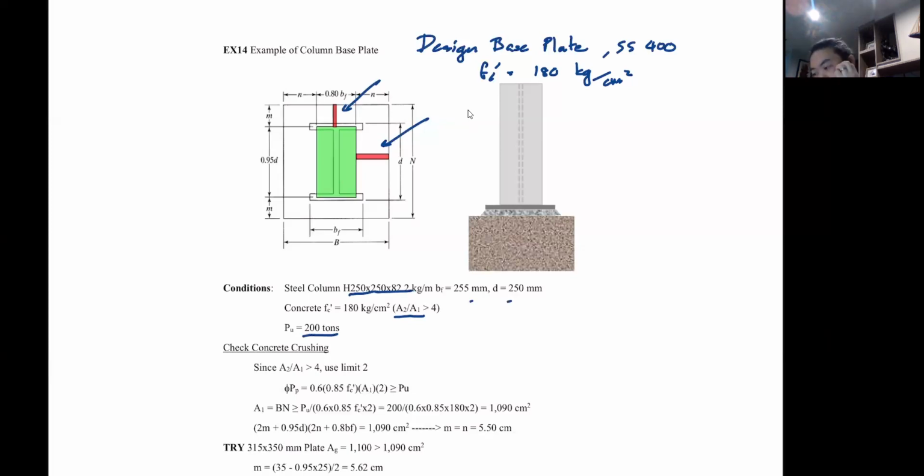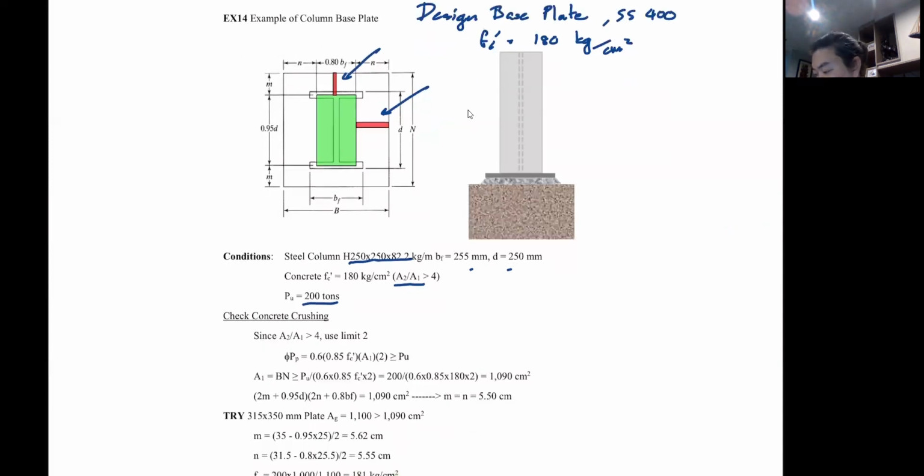So now we are going to check the concrete crushing to design the size of the plate that we need. Now we have the condition where the concrete is so large that A4 is guaranteed to be greater than 4A1. But we know the limit is 2.